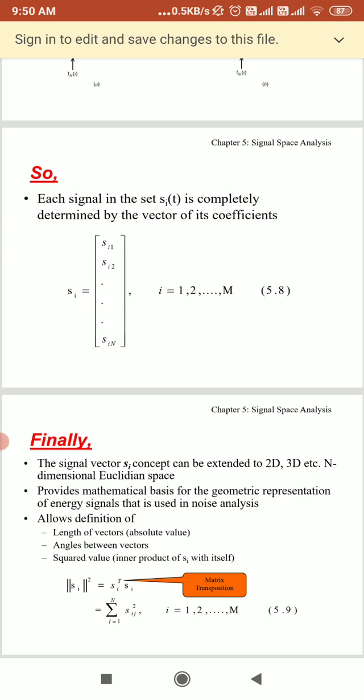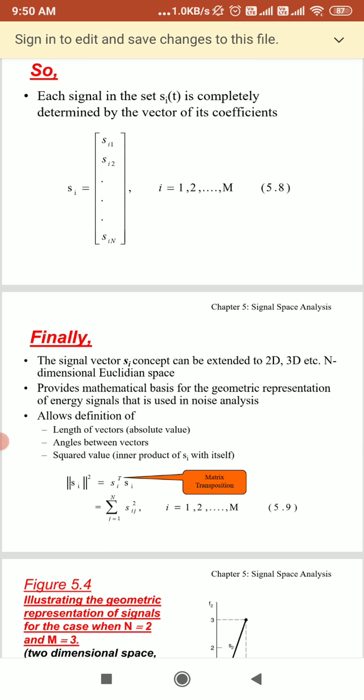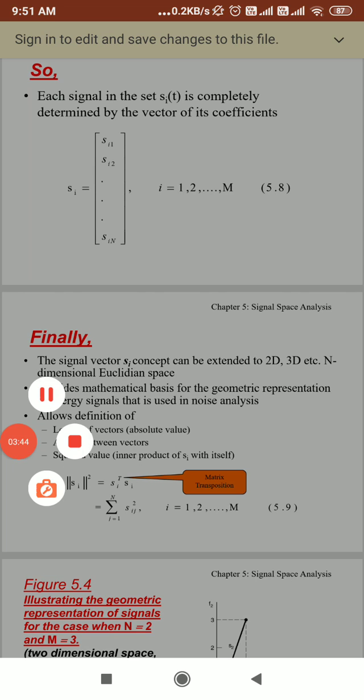Now we will see the length of vectors, angles between vectors, and the square value. The squared norm of Si equals Si transpose times Si, which is the summation over j from 1 to n of Sij squared.